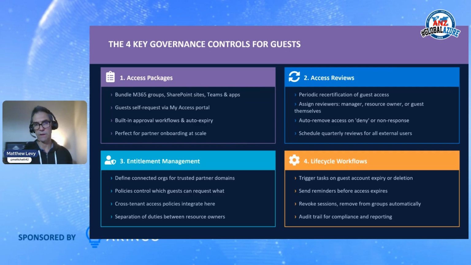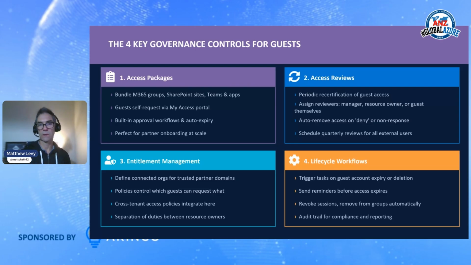That governs the life cycle of the guest accounts and closes the loop on that governance cycle. So together, these 4 controls give you a complete and auditable guest governance posture.